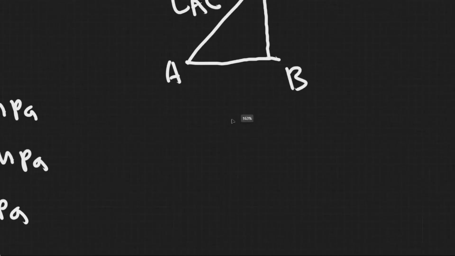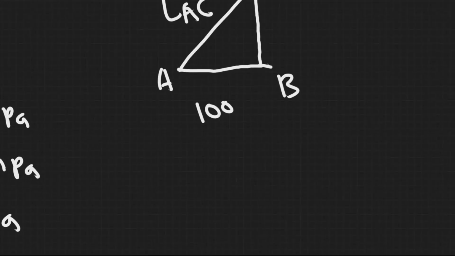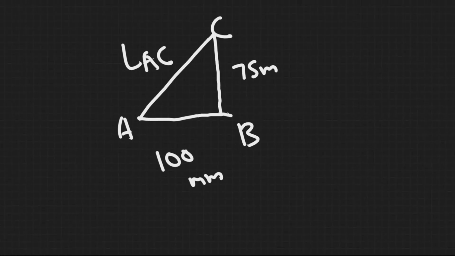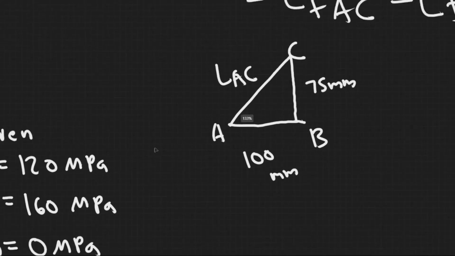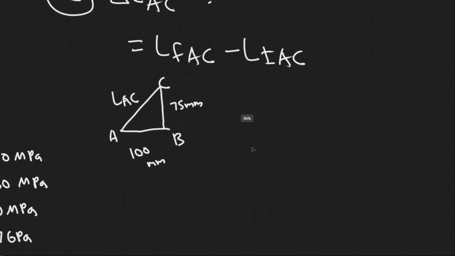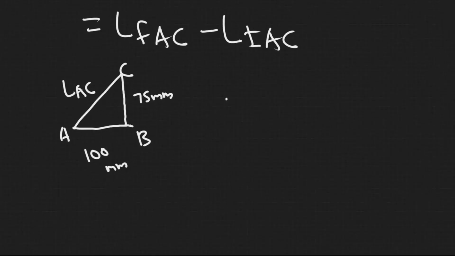So it's really just using Pythagorean theorem to solve for this. So this is the initial length, since these are the initial lengths of AB and BC, right? This is before any stress or any load is applied. So we can solve for it using a squared plus b squared equals c squared. So in this case, c is our hypotenuse, which is LAC.